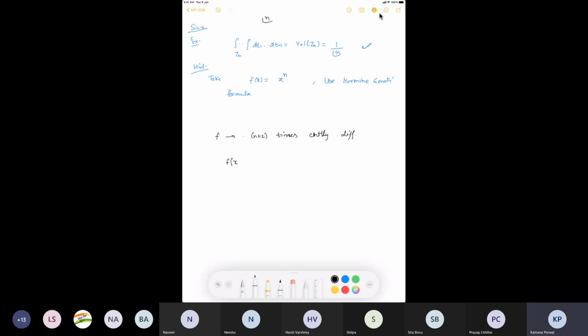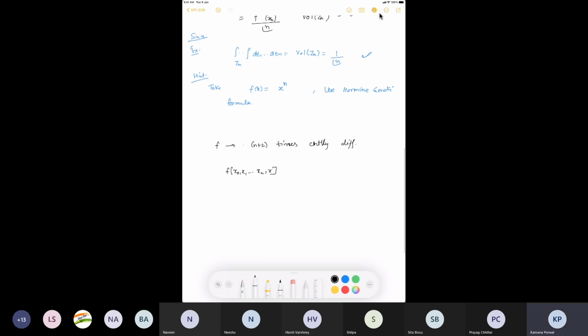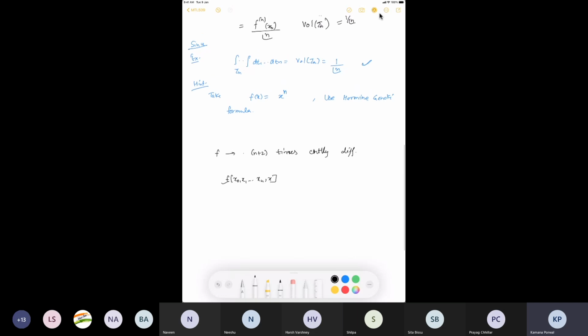I'm having the divided difference of f with the arguments x0, x1 up to xn and x. So what can you say about the smoothness of this function? Because this is again going to be a function of x, right? You can realize it using the Hermite-Genocchi formula. So what can we say about the continuity or the differentiability of this function?